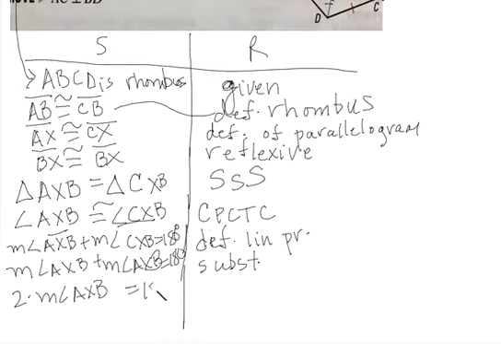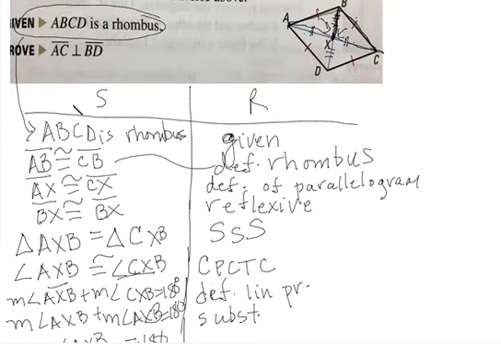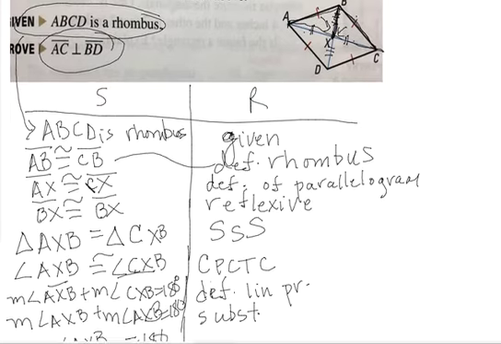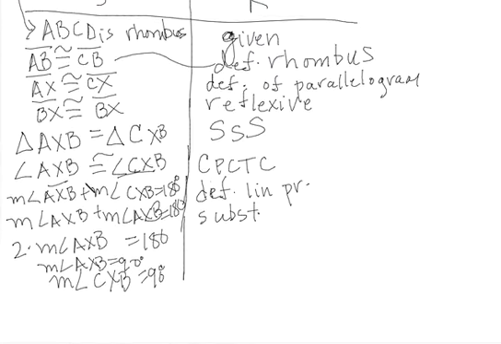And ultimately I can say the measure of angle AXB equals 90. And then the measure of angle CXB, because remember we said they were equal up there, equals 90. And now guess what? We have proven that AC is perpendicular to BD as a result of this, by the definition of perpendicular.